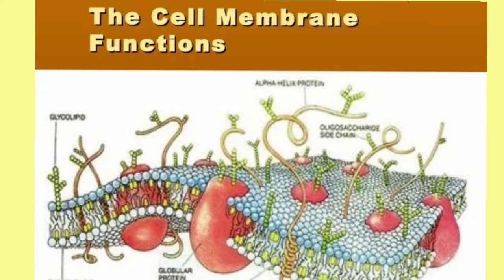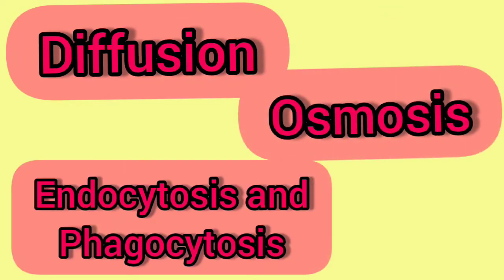The main function of plasma membrane is to selectively control the entry and exit of substances inside and outside the cell. And this is done by three processes: diffusion, osmosis, endocytosis and phagocytosis. What is diffusion?